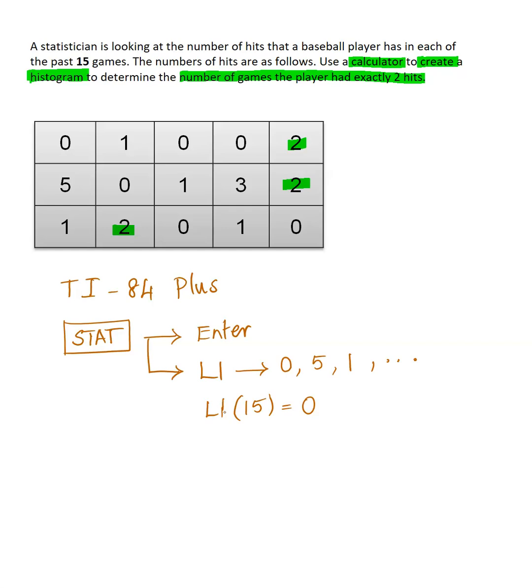Once that is done, you press the second button, which is blue in my case, and then the Y equals button, which is the gray button. So this is blue, this is gray.